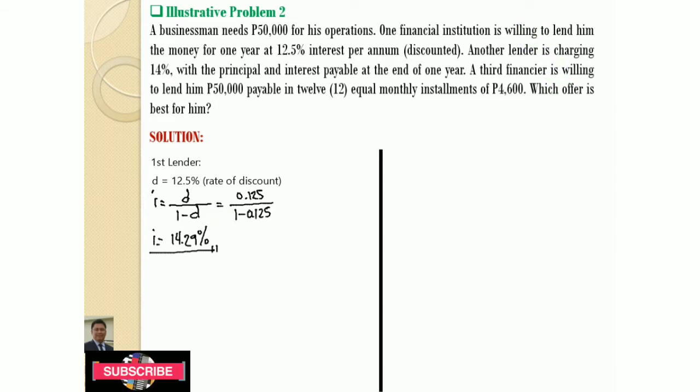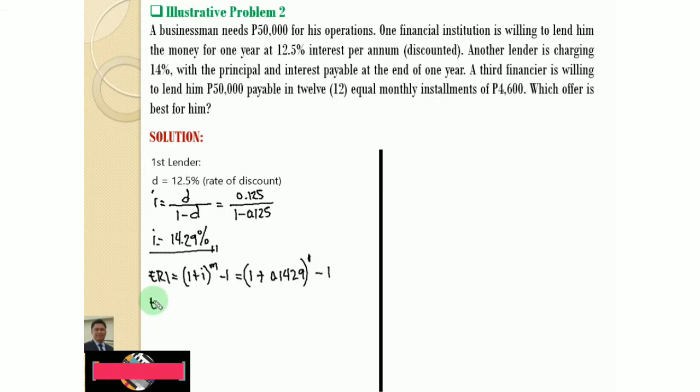Next, we are going to compute the ERI. From our formula, we have ERI equal to 1 plus I raised to the m, minus 1, in which we already have the value of our I. So this would be equal to 1 plus 0.1429, and then we raise this to the 1, since we are dealing per annum here, minus 1.